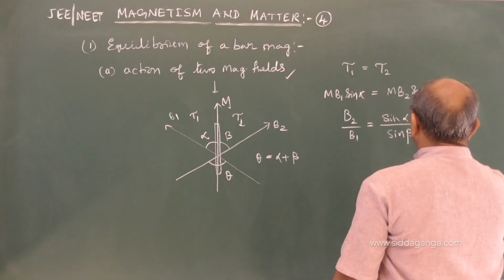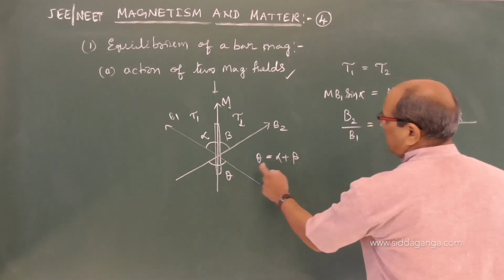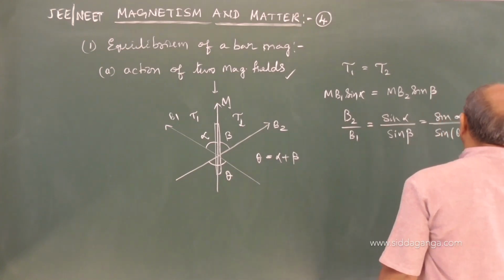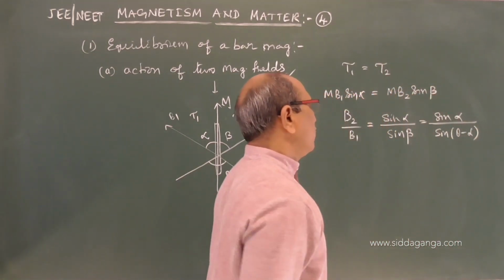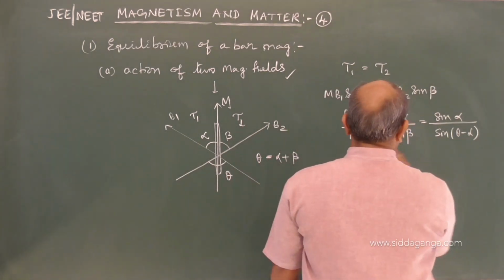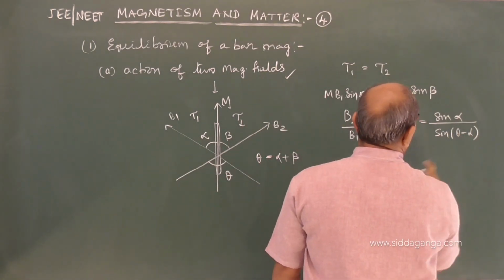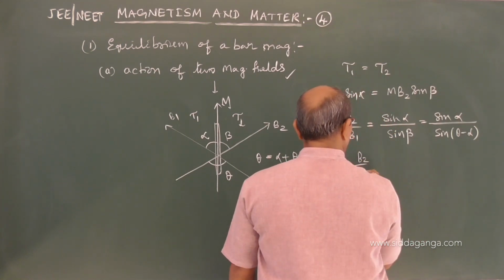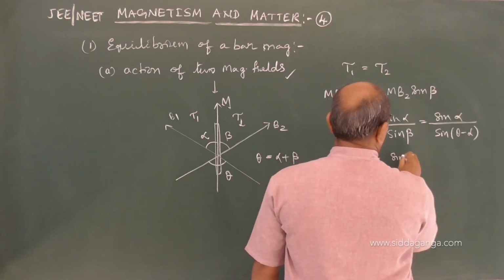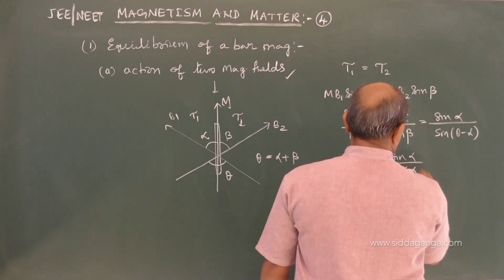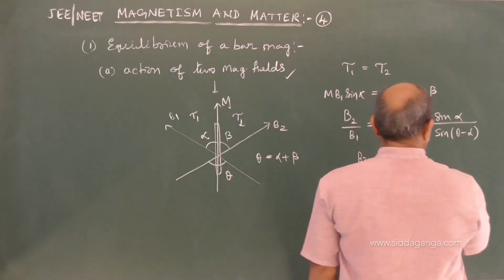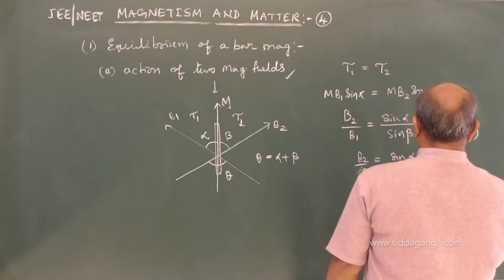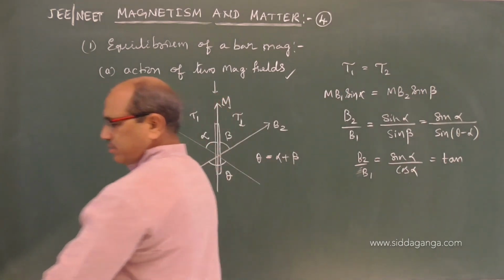But I told you that beta can be written as theta minus alpha, sine of theta minus alpha. So then B2 by B1 equals sine alpha by sine of theta minus alpha.